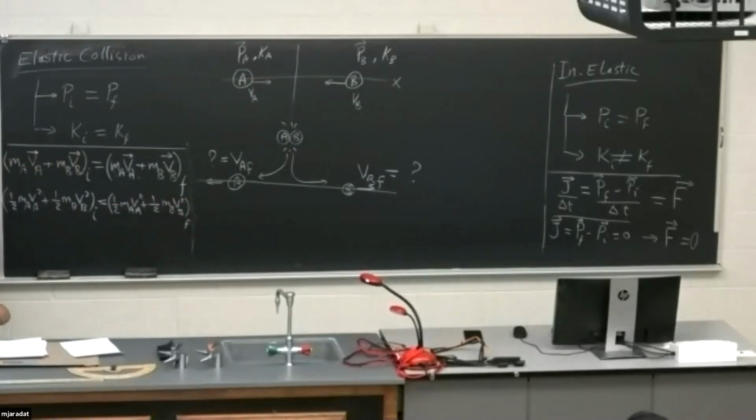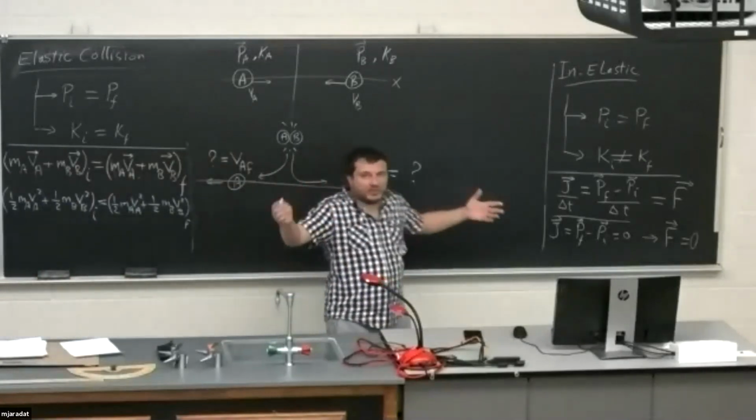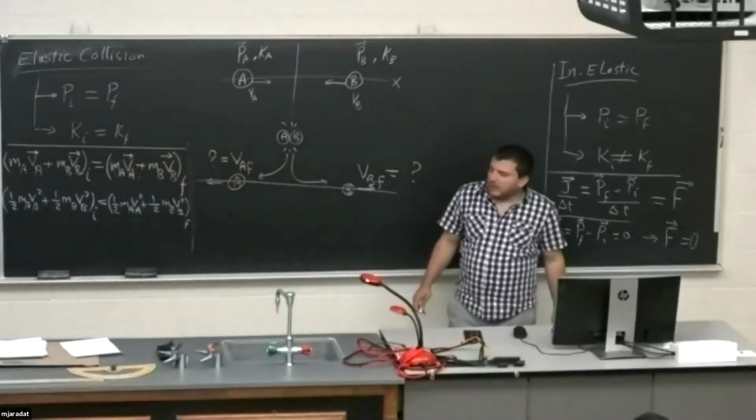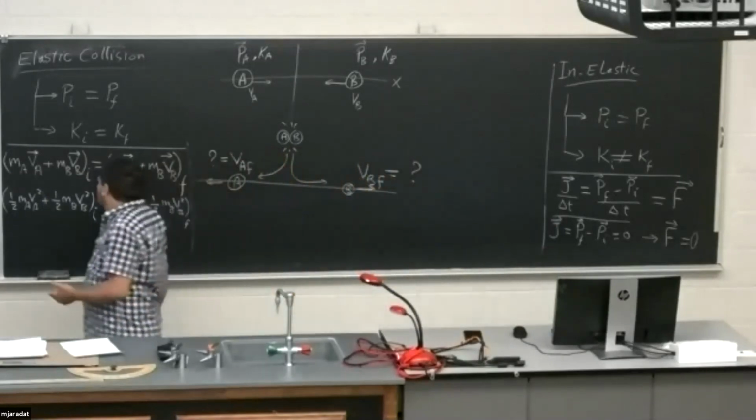Finally, now we have two equations, two variables or two unknowns, which are the velocities after the collision. We know how to solve them from math, so it's simple.